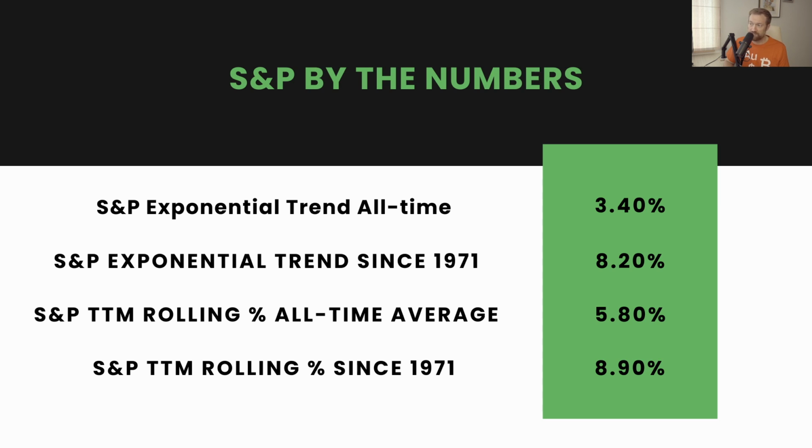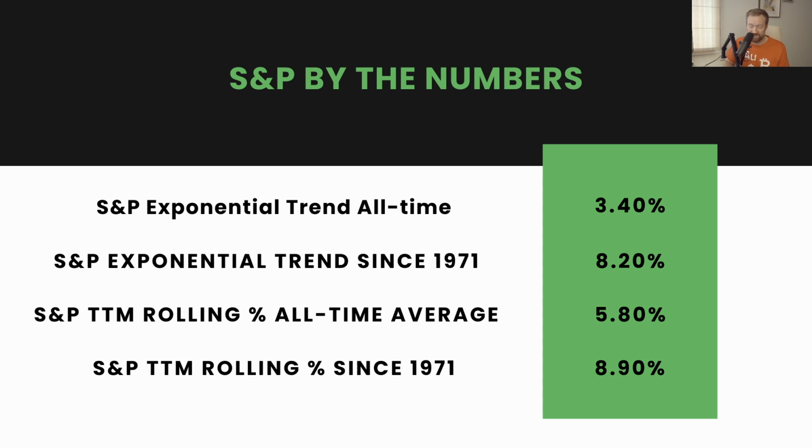And if we look at the rolling trailing 12-month average from 1971, 8.9%. Okay, so two sets of numbers there. The all-time numbers, 3.4% and 5.8%. And then the 1971 from the closing of the gold window, 8.2% and 8.9%.